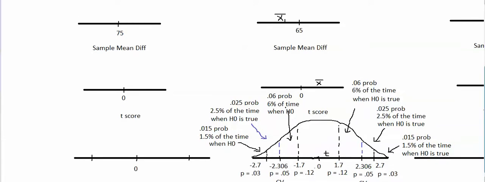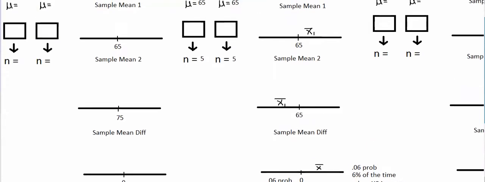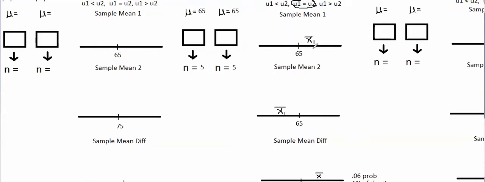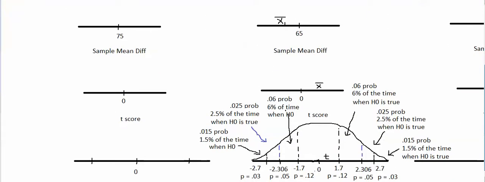So what we've done is we've plotted the mean of sample 1, the mean of sample 2, the sample mean difference, and the t-score.